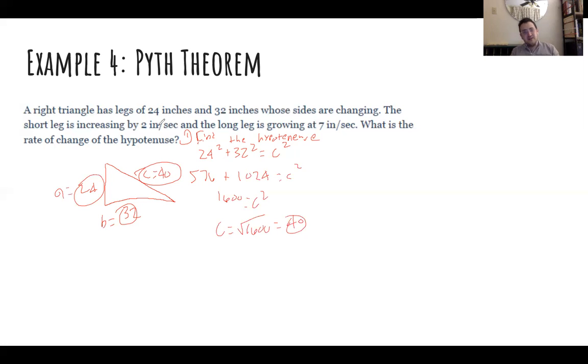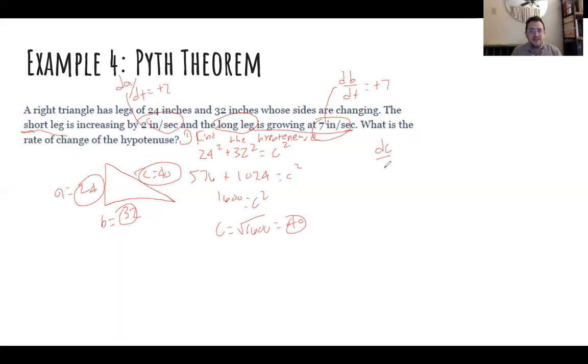All right. The short leg, which we called A, is increasing by 2, so dA/dt is plus 2. Our long leg is growing at 7, so dB/dt would be plus 7. The question is, what is the rate of change of the hypotenuse?